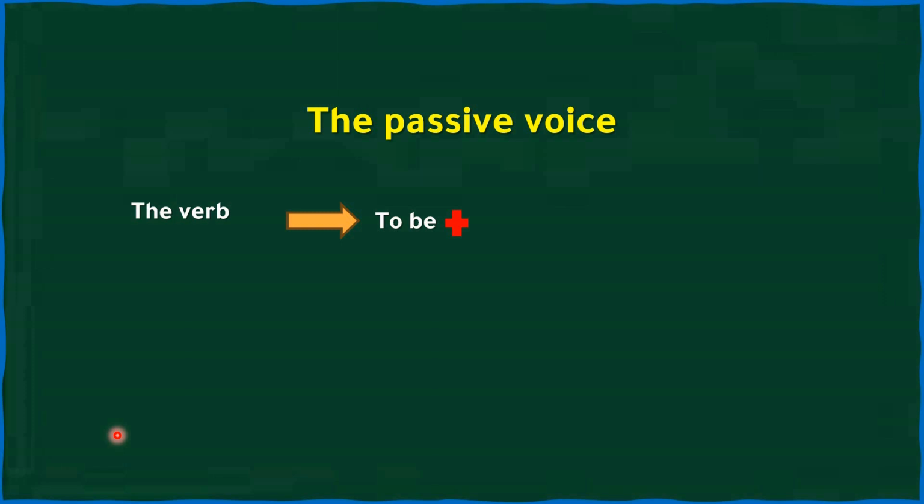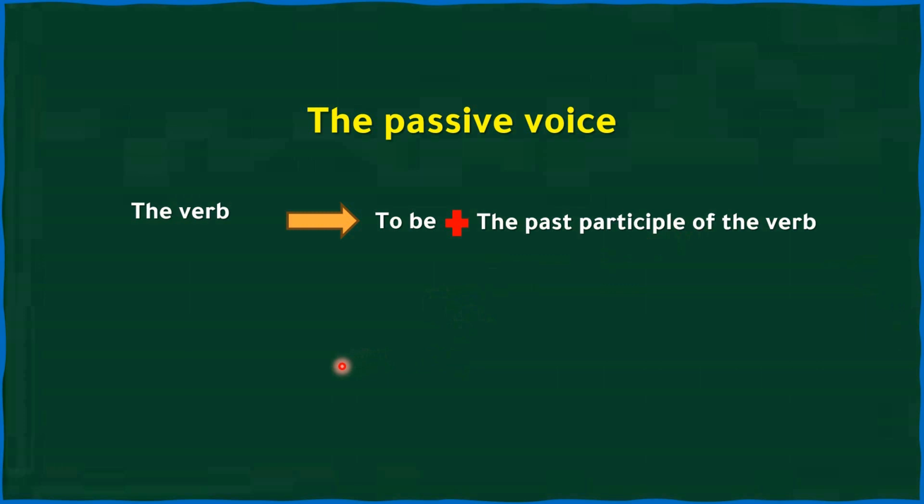If the main verb is in the future, to be will be in the future, and so on. Plus the past participle of the main verb. For example, we have made, the verb to make. Made is in the simple past. Automatically, we will put to be in the simple past, which is were, and we add the past participle of the main verb, which is to make.